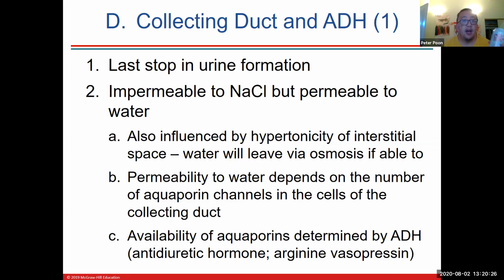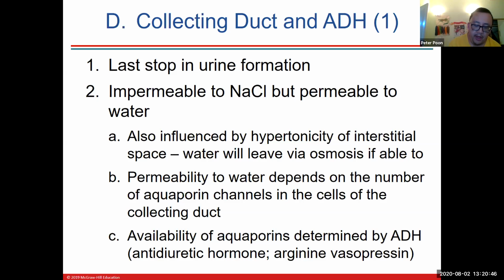All right, the collecting duct. It's the last stop before urine formation. We have things called aquaporins.